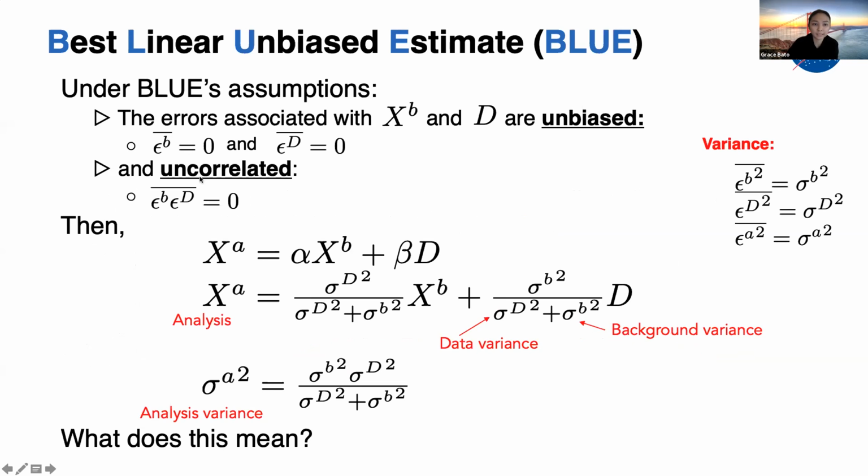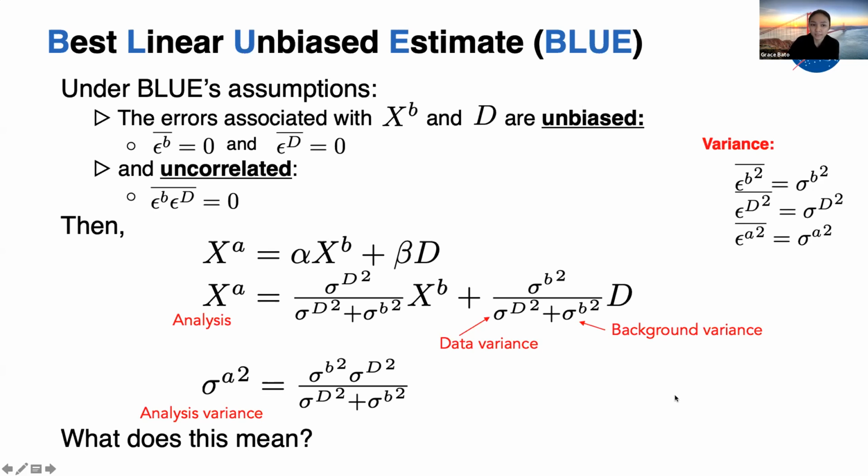Again, mathematically, this can be represented as the mean of the product of the errors of the background estimate and data being equal to 0. So if we follow these assumptions, then this linear equation simplifies to the following equation here, with the analysis variance equal to this equation. I will not go through the derivation of this one. I do not have enough time to show you how we derive these equations.